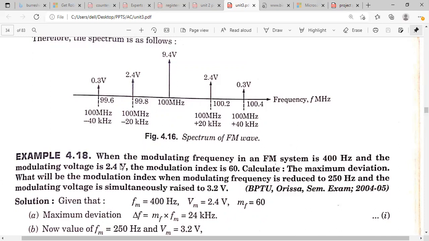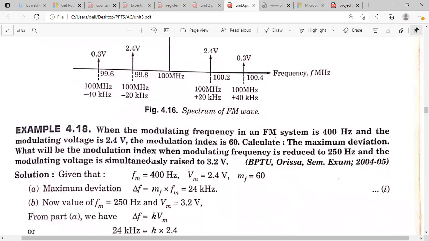So the modulation index and the frequency of the modulating signal are given, then you will calculate the maximum deviation. And after that, what will be the maximum deviation and the modulation index when the modulating frequency is reduced to 250 hertz? Here you have to calculate the modulation index MF. So what is MF? The modulation index is equal to delta F by FM, right?